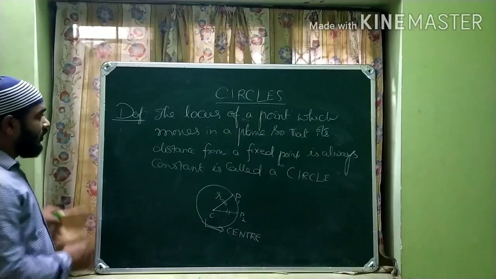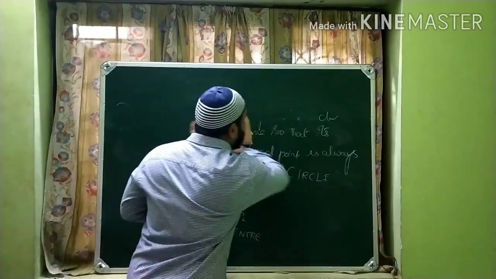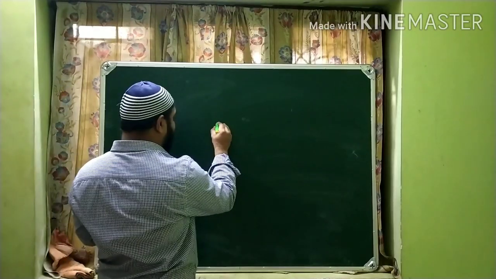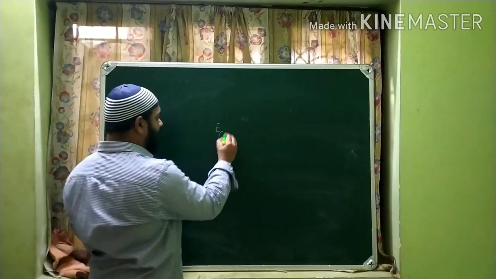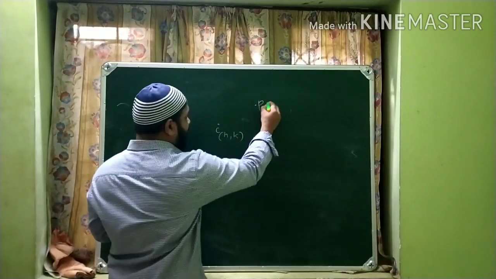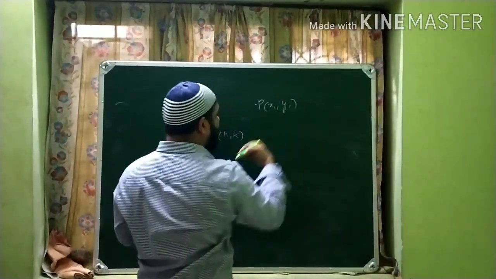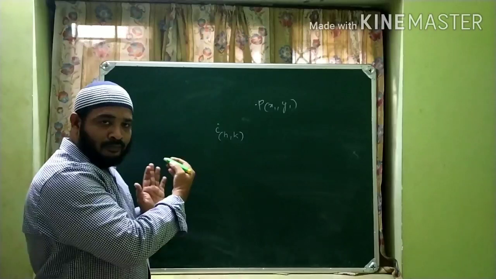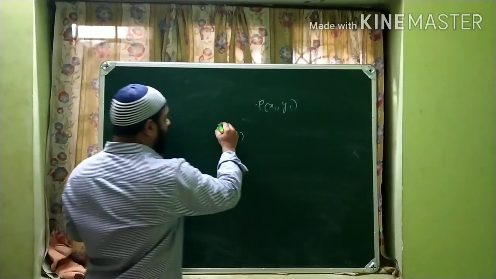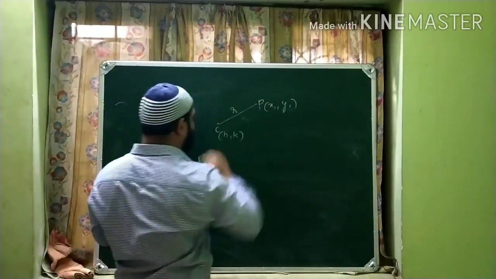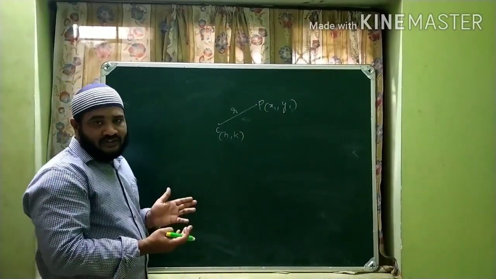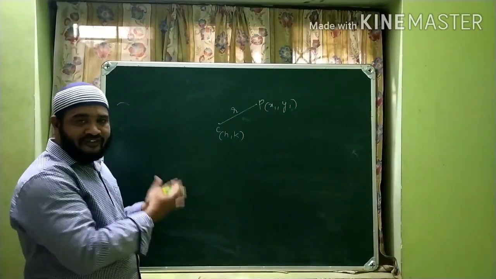Now, let us take C (h, k) to be the center of the circle. Let P (x1, y1) be any point in the plane. So if you join this and let us suppose this to be R. So what is the distance between the 2 points (x1, y1) and (x2, y2)?